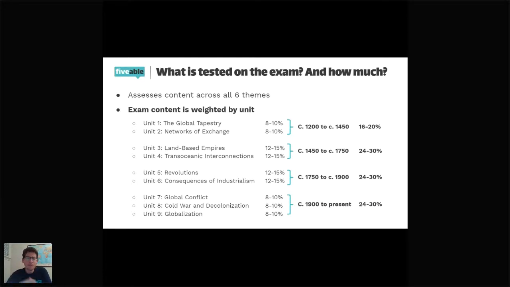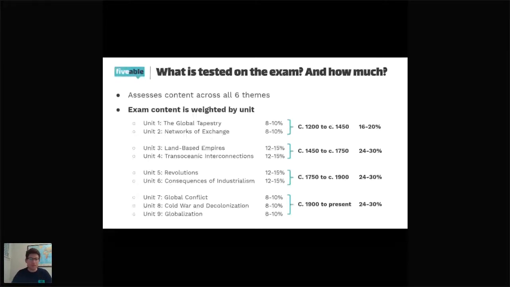So if you're on YouTube searching for stuff on period 3, anything from 1200 on will be covered in period 3 up to 1450. But that is split into 2 units, about 8 to 10% each. That means the time period itself is about 16 to 20%. 1200 to 1450, 16 to 20% of questions will come from that time period. And that's across the whole exam.